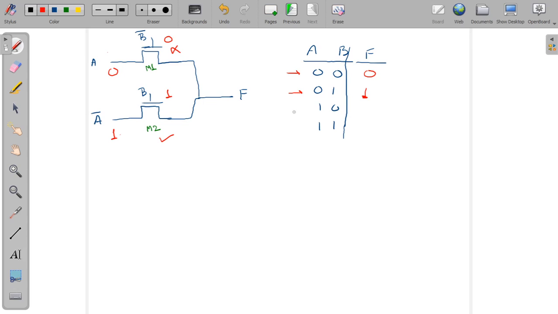Now here when A is 1, B is 0, let's see what happens.